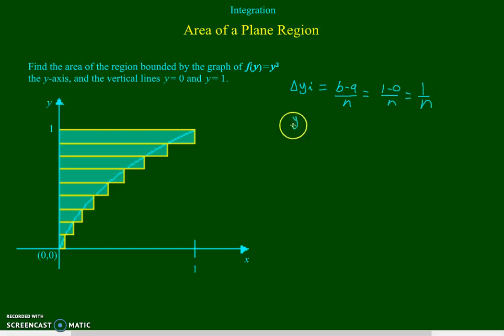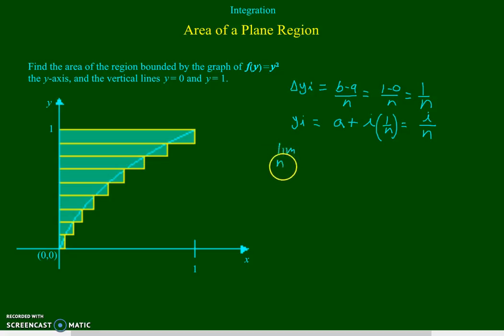And our y sub i is going to be the same basic idea, a plus i times the width of each subinterval, 1 over n. Since a is 0, this is actually going to be i over n. So now we can put it into our limit form.